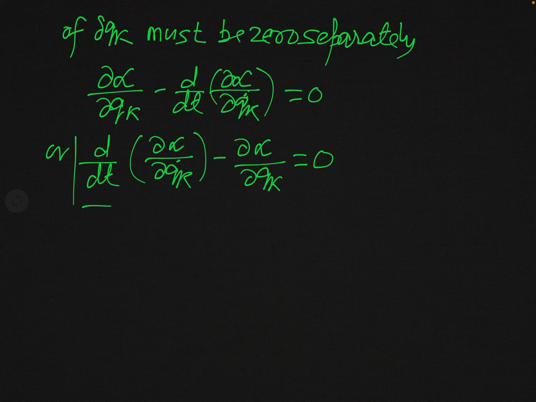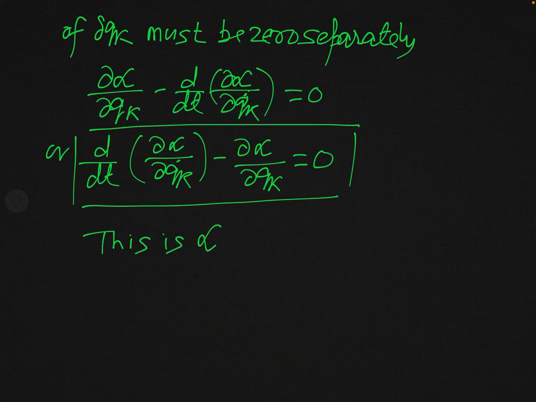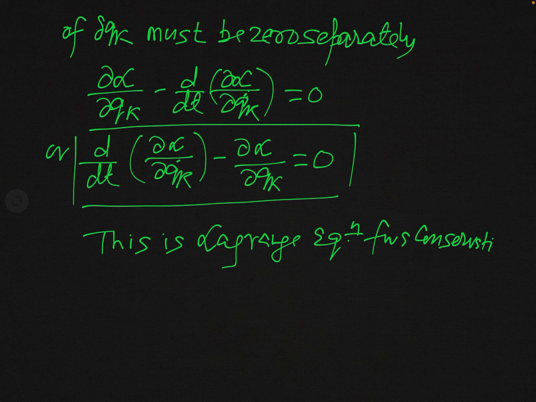And you can see this is simply the Lagrange equation for a conservative system. So you have seen that using the variational principle of Hamilton, we can easily obtain the Lagrange equation for a conservative system.